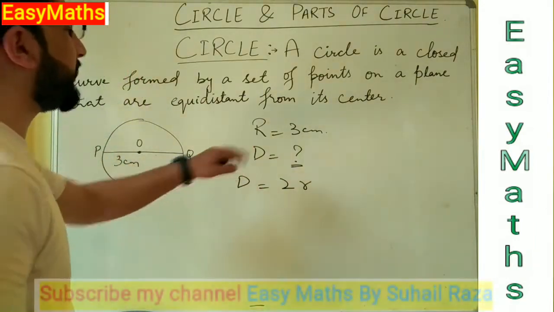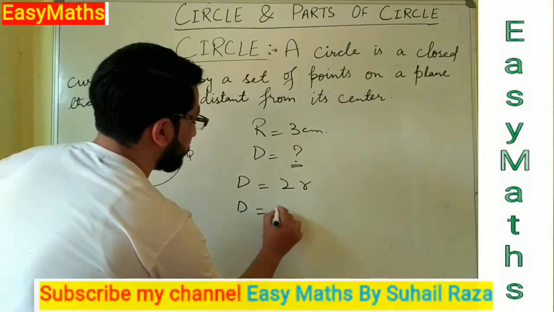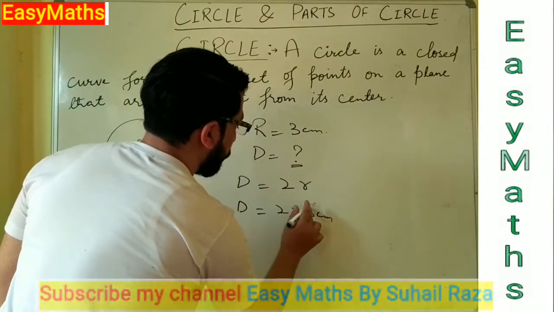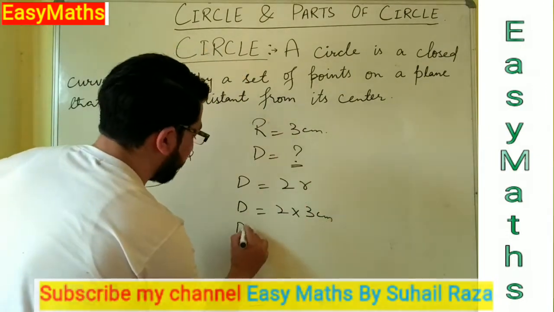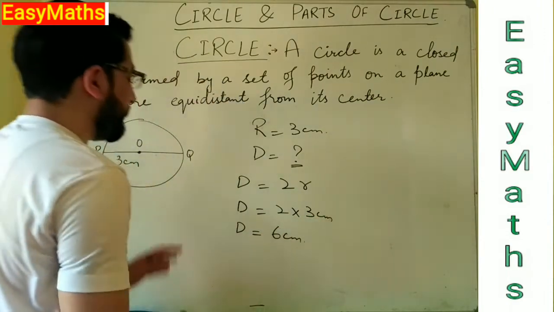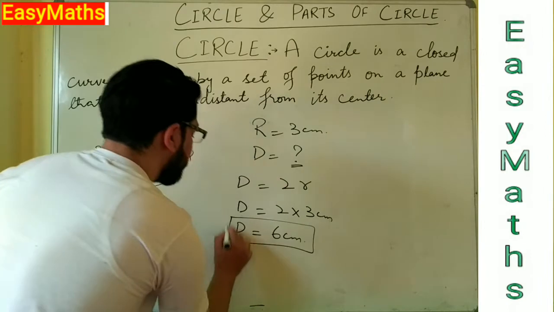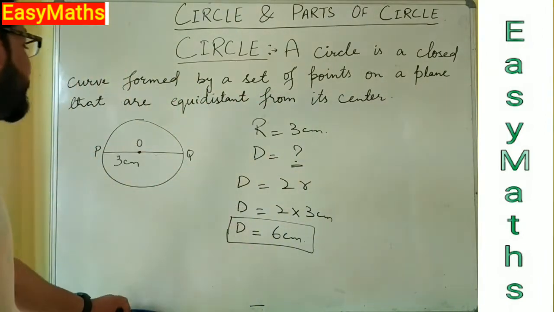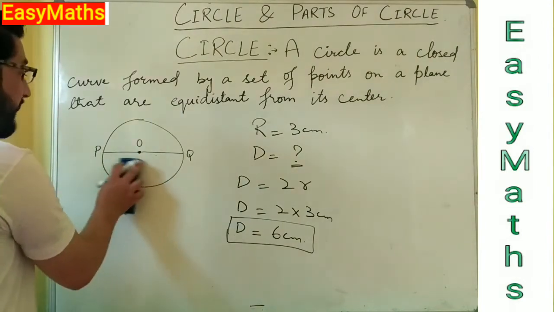That means 2 times the radius. Here, 2 multiplied by the radius, that is 3 centimeters. Whenever the radius is given, we can find the diameter. 2 multiplied by 3 is 6 centimeters. That means our diameter here is 6 centimeters, which is twice the radius.